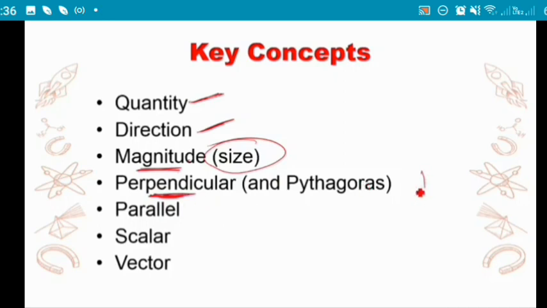That's to do with right angles, and whenever we talk about right angles, lurking in the background somewhere is Pythagoras' theorem. We know that, and we'll deal with it today. Parallels, yeah, well, that's very important. You know something about parallel lines, scalars and vectors. Well, those are key concepts which I've spoken about already.